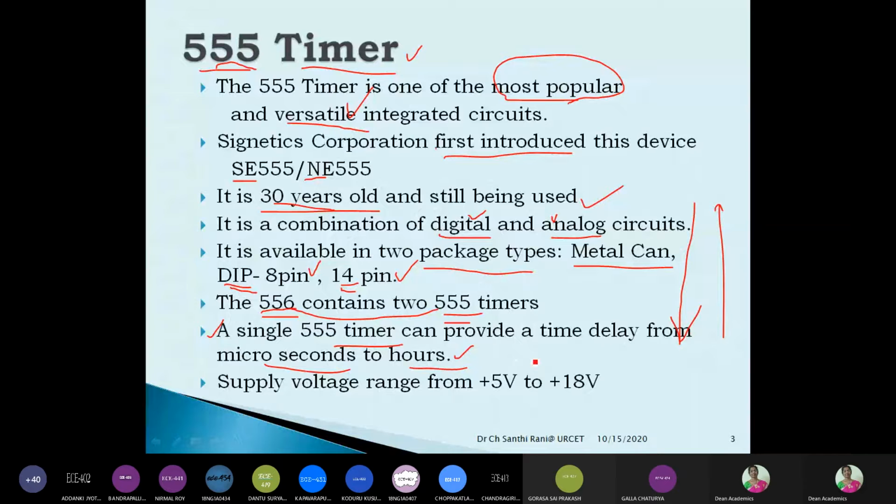It can provide delay. That means, if you observe traffic lights, there are different roads, and this is a 4-road junction, and here you have traffic light posts, and traffic lights will be indicated here. Okay. So for some time the red light will be in on condition.